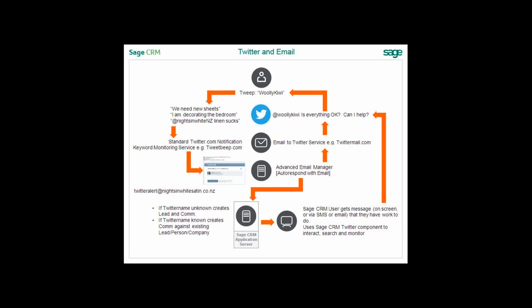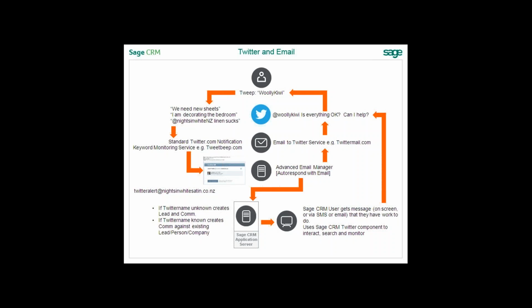So if somebody posted a positive or a negative, either by directly tagging or using a keyword, so either at a particular handle or by putting in a monitored hashtag, then there would be notifications generated.